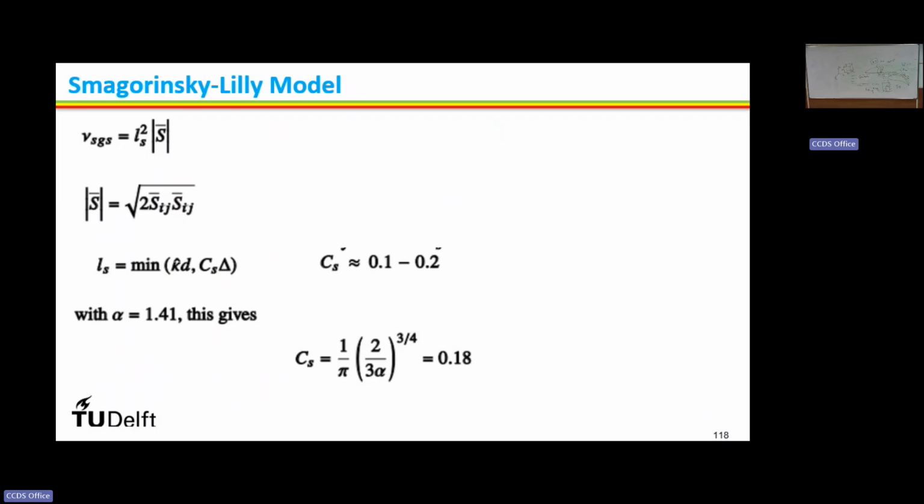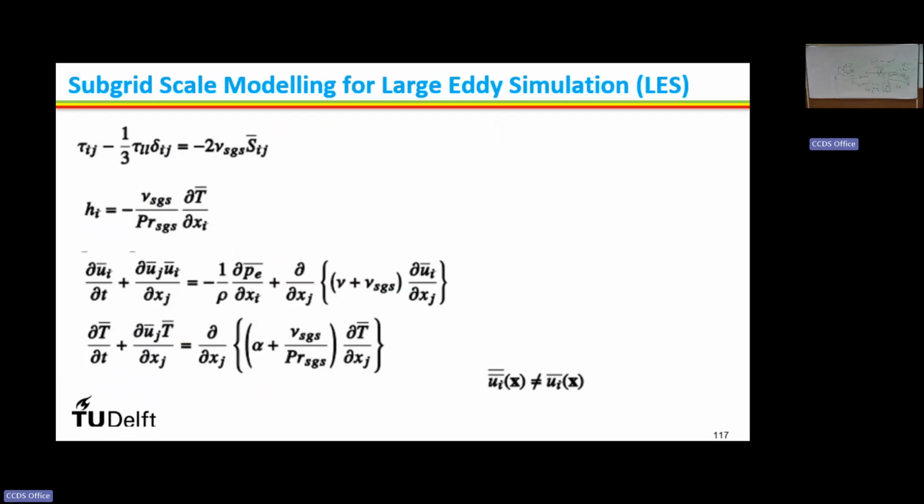Once a mesh is created, we know the delta, we know the distance from the wall, and kappa, the von Karman constant, is known, so we can calculate the mixing length L_S. Unlike the Prandtl mixing length, this is not very complex. Once L_S is known, the subgrid stress is known, and once the subgrid stress is known, these equations become closed.